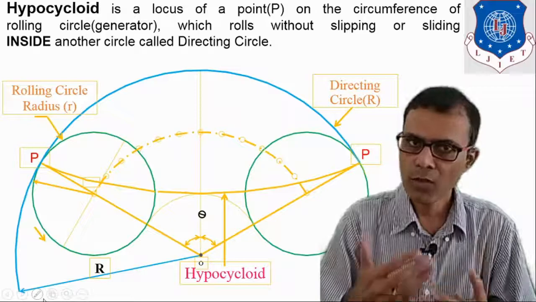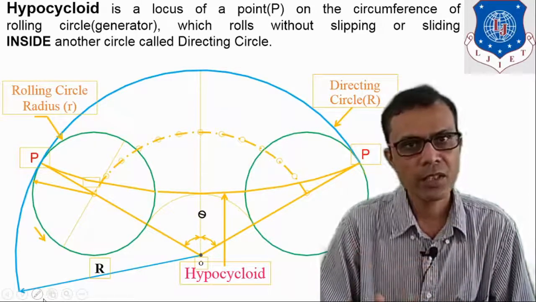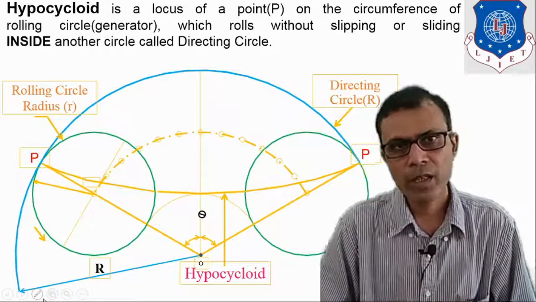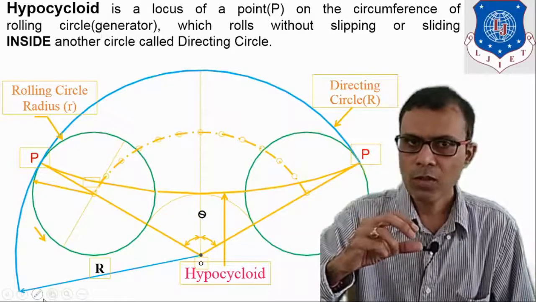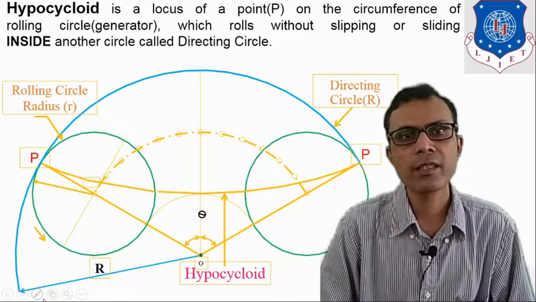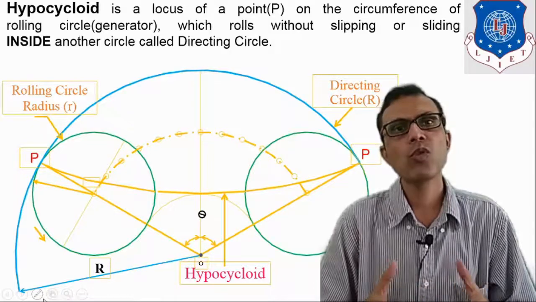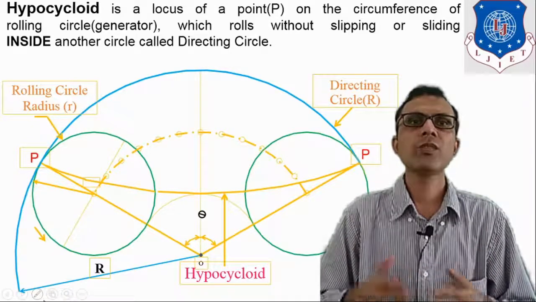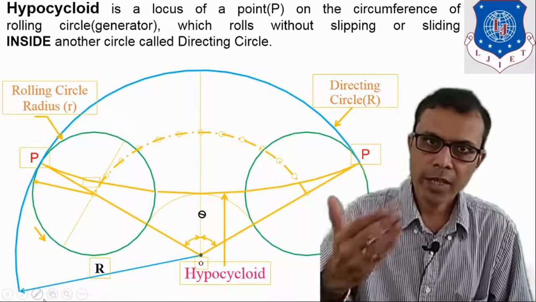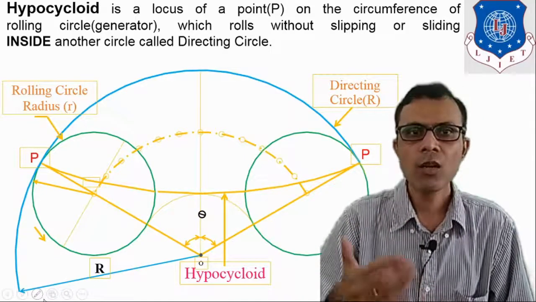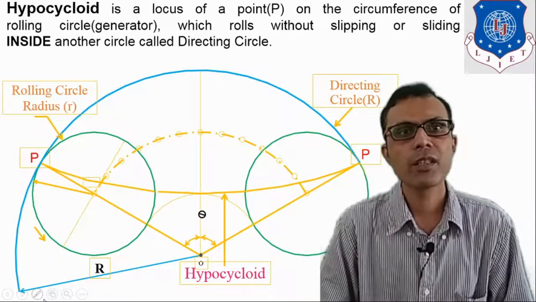So the position of the rolling circle is changed. In case of epicycloid, the rolling circle rolls on the outside of the directing circle, whereas in case of hypocycloid, the rolling circle rolls inside of the directing or generating circle.